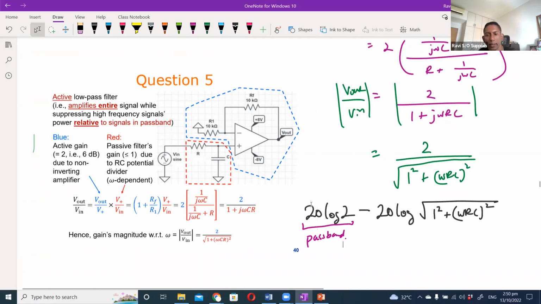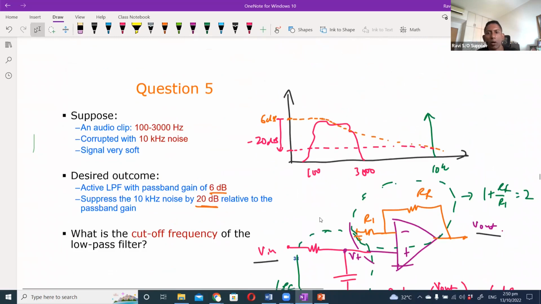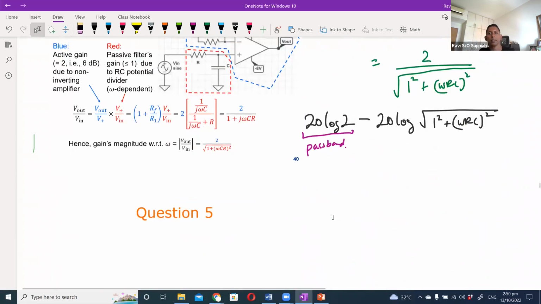And that is what you want here. When you first start off, you want the gain of a particular value, which is 6 dB, and you want that gain to drop as the frequency changes, and that is this component.